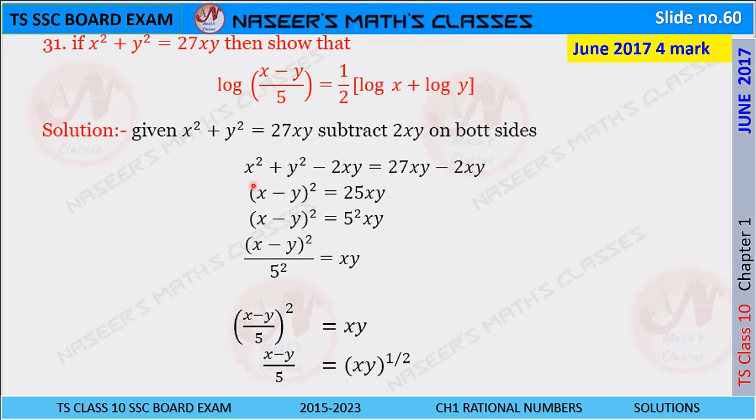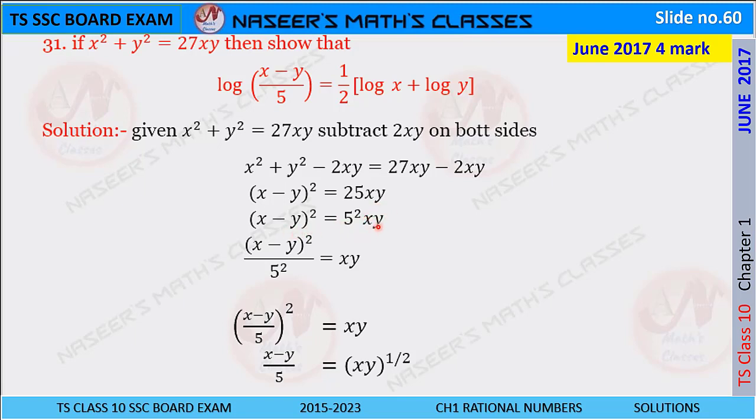So x square plus y square minus 2xy is equal to 27xy minus 2xy. We subtracted 2xy on both sides. Here in LHS, x square plus y square minus 2xy is in the form of (x minus y) whole square. So we replace x square plus y square minus 2xy with (x minus y) whole square. On RHS, by subtracting 27xy minus 2xy, we get 25xy.